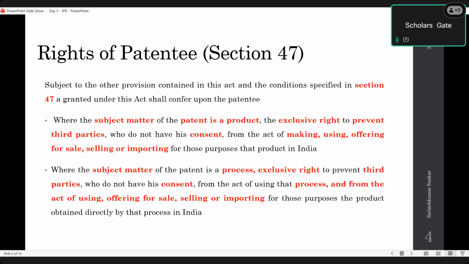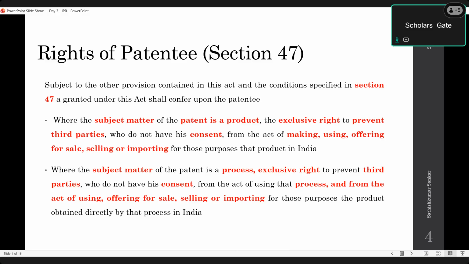And next, if the invention is a process. First we discussed the product, and second we discuss the process. The same thing: the exclusive right to prevent third parties without his consent from the act of using that process, offering for sale, selling or importing for those purposes the product obtained directly by the process in India.